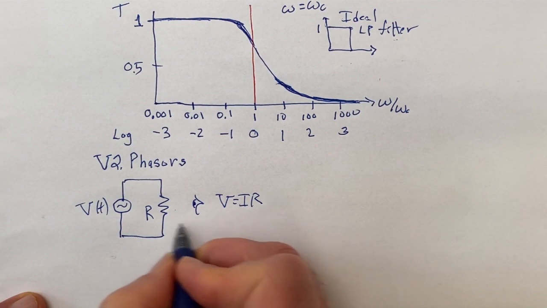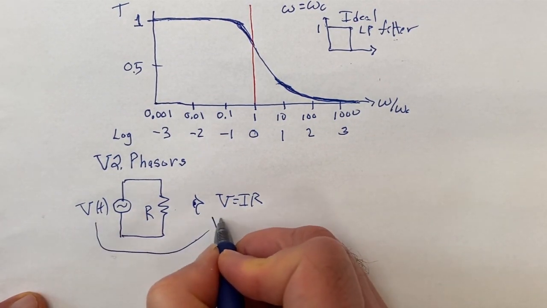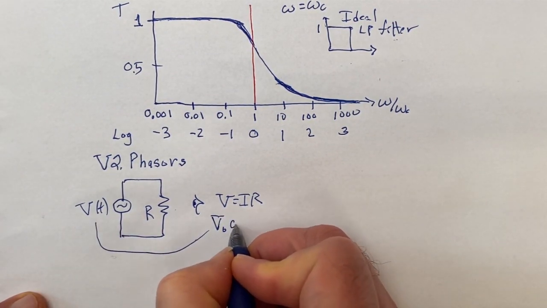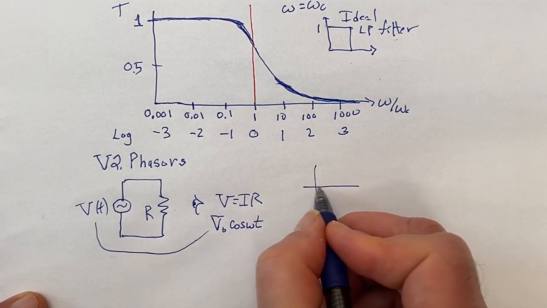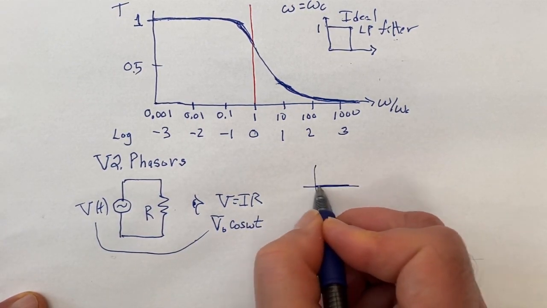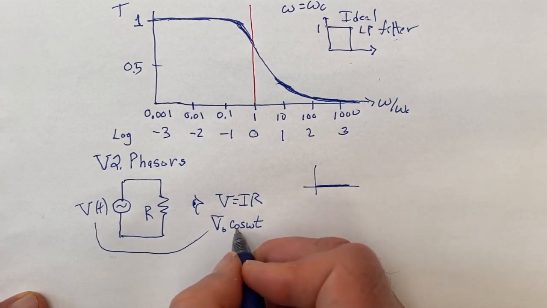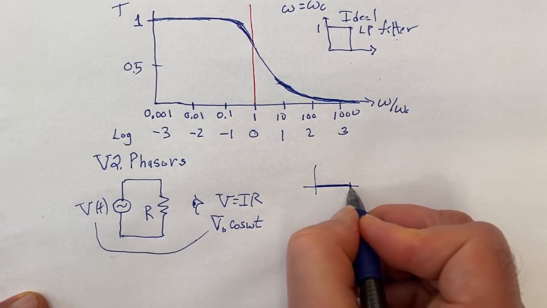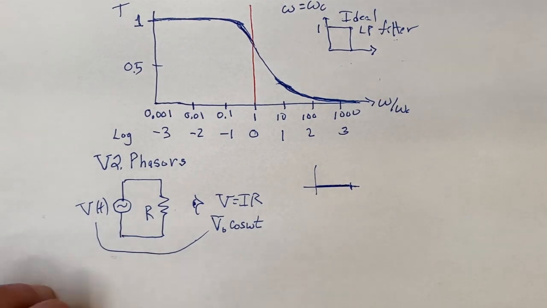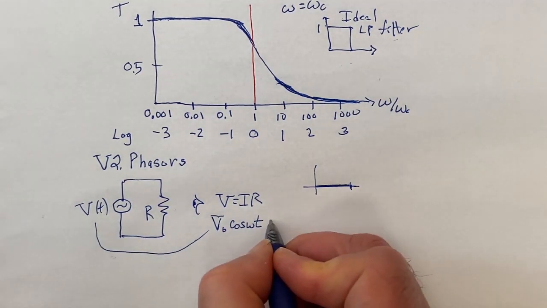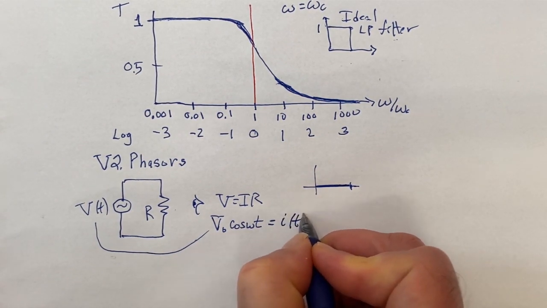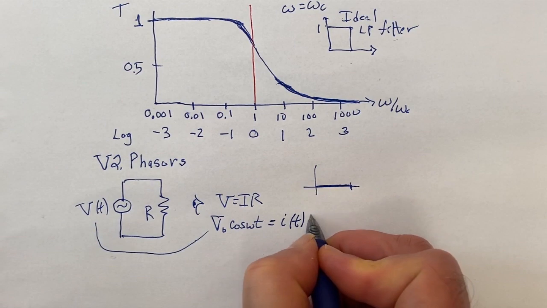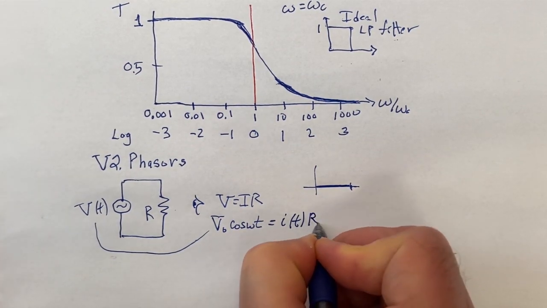Now, if this V is V naught, and we're going to use cosine of omega t, so that we start off, if you look at the horizontal axis and call that 0, when the cosine is 1 here, you have t equals 0. So we're going to use cosine to drive this. And that cosine is going to be equal to the current, lowercase i, function of t, times R.